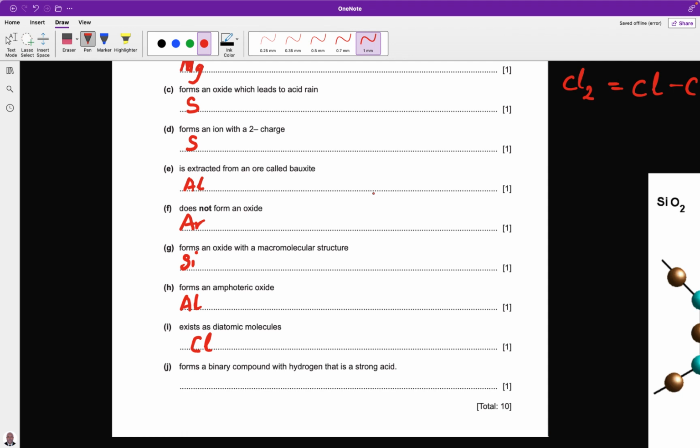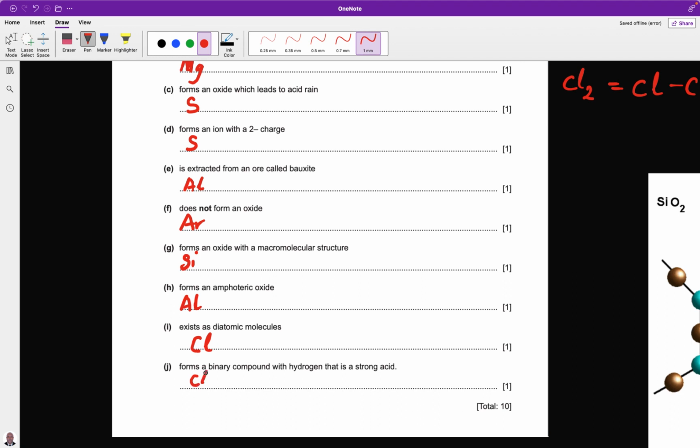It forms a compound with hydrogen that is a strong acid. I cannot talk of sulfuric acid, because there are already three elements involved. I need only one element that will combine with hydrogen to form a strong acid, and that is chlorine, Cl.